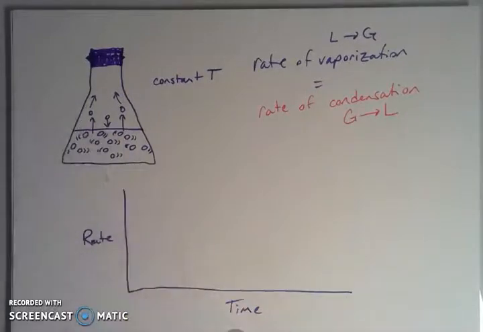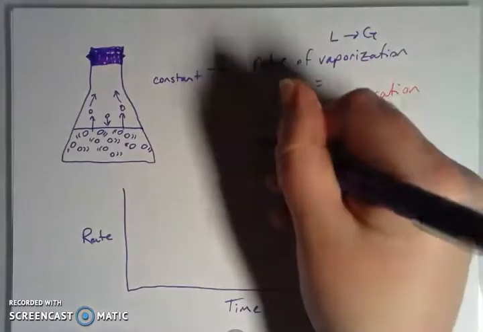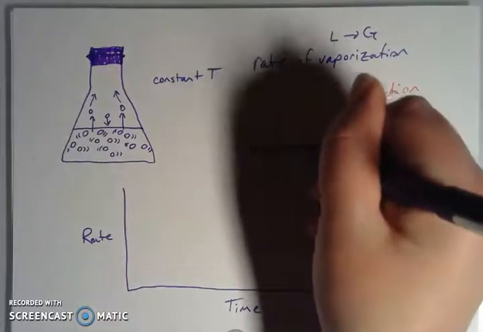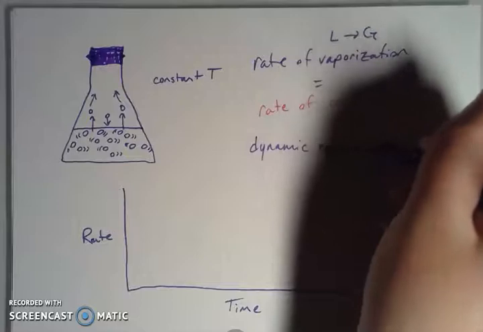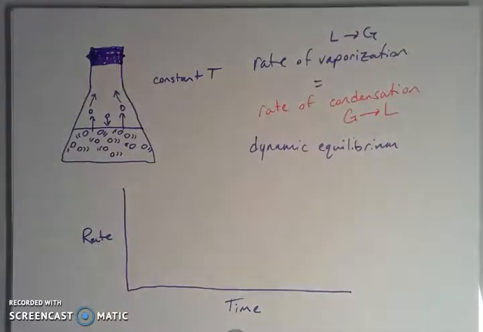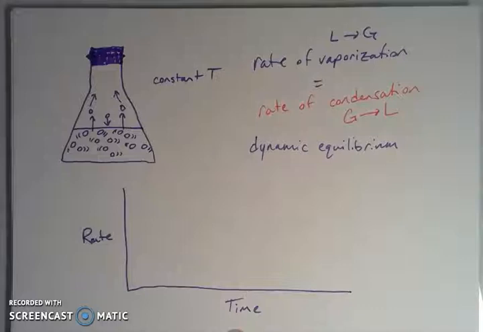Then this rate is going to equilibrate. It's going to balance out. And when it does, we say that this is at dynamic equilibrium. Again, the dynamic means that this is an ongoing process. It's not like, and now there's that many molecules and nothing changes. These things are both ongoing. They are changing processes. Gases are becoming liquids, liquids are becoming gases, but they're happening at the same speed.